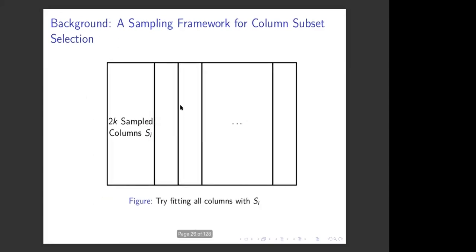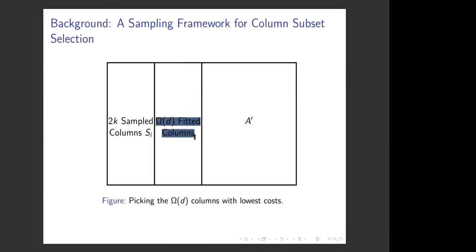And now out of all of these columns, take the constant fraction of those columns which has the lowest error, right? And you group all of those columns together over here. And you consider all of those columns to be covered. So they're gone now.